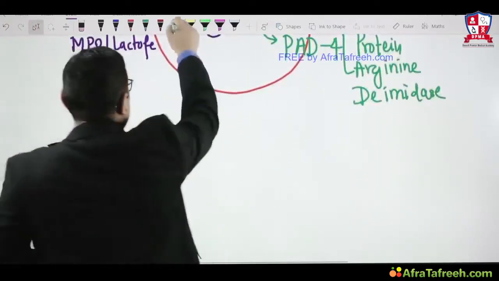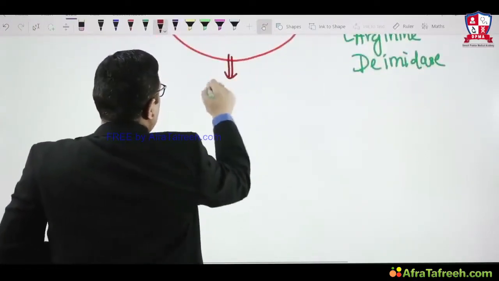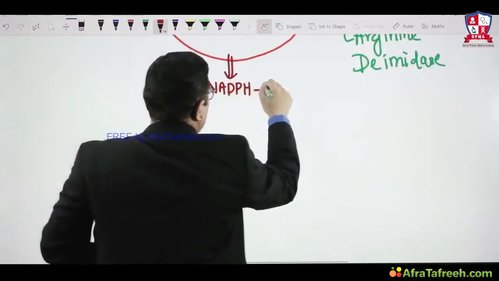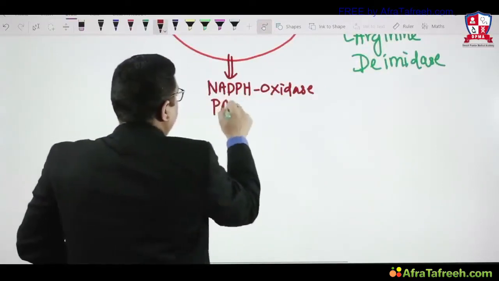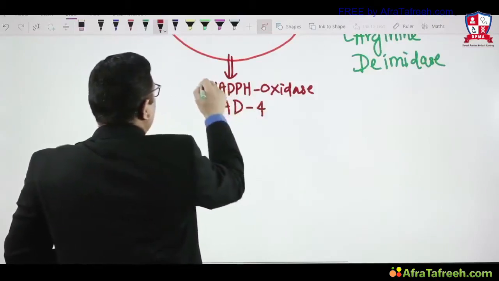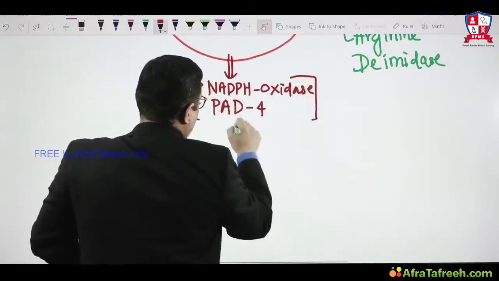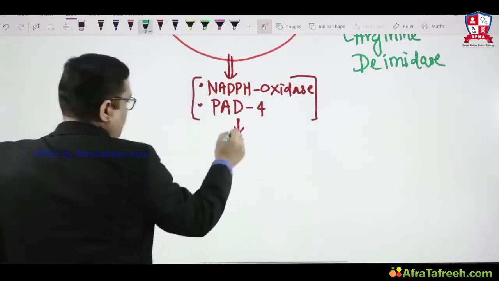After this activation, what will happen? NADPH oxidase and protein arginine deiminase 4, these two enzymes are going to cause two impacts.